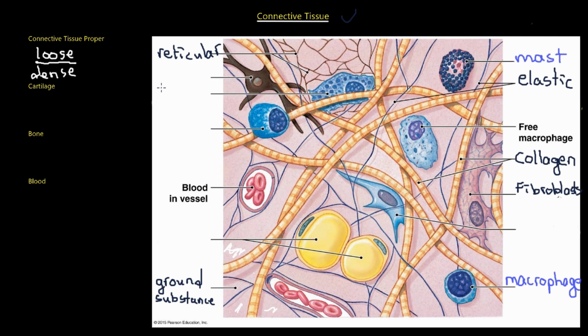This one right here we'll label as a lymphocyte. We are going to talk about the immune response in way greater detail than this; we're just labeling the different cells. And we could label this one as the plasma cell. These ones in blue all play a major role in immune response to a pathogen.